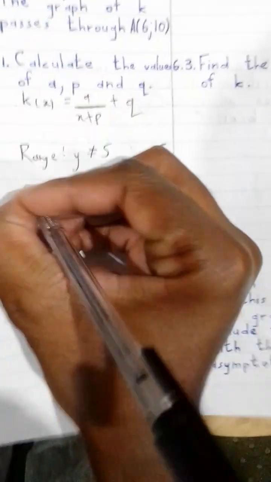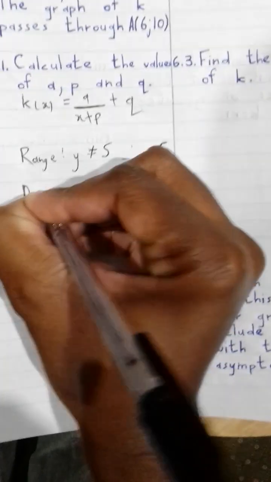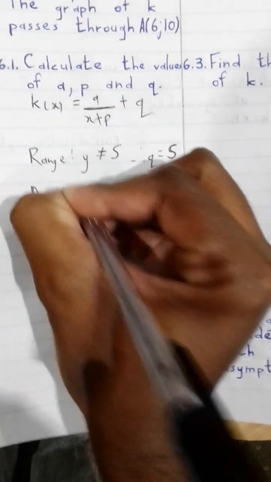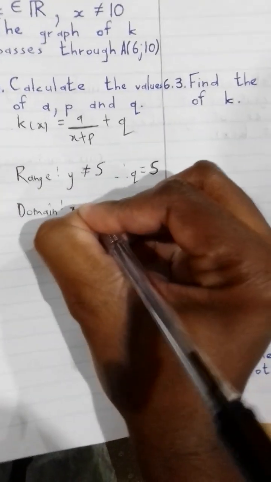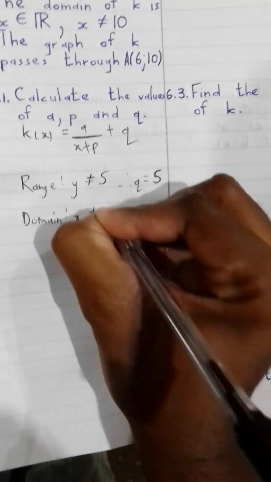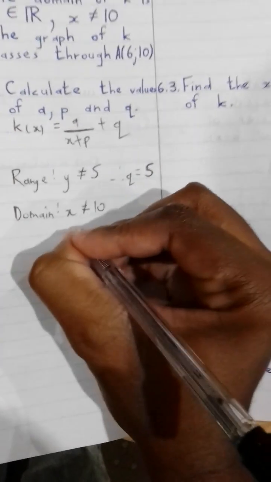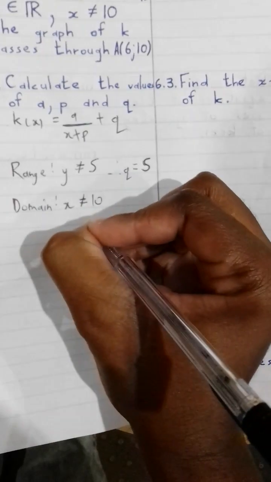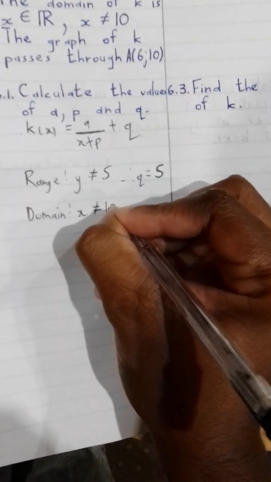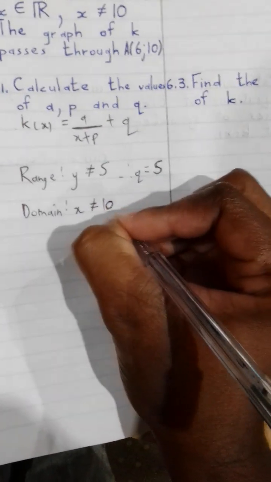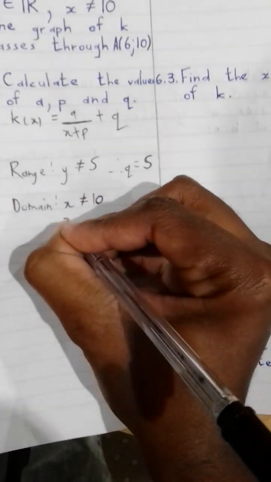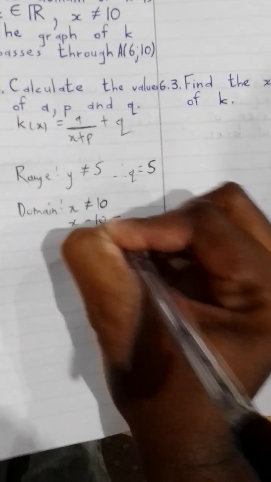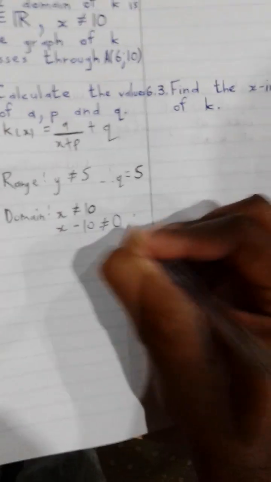And then the domain: x is not equal to 10. Remember, the denominator must not be equal to 0. So on the right it must be 0. This 10 goes to the other side: x minus 10 is not equal to 0.